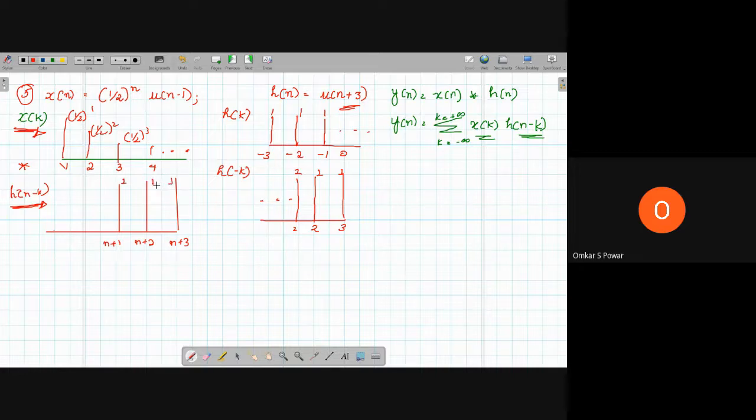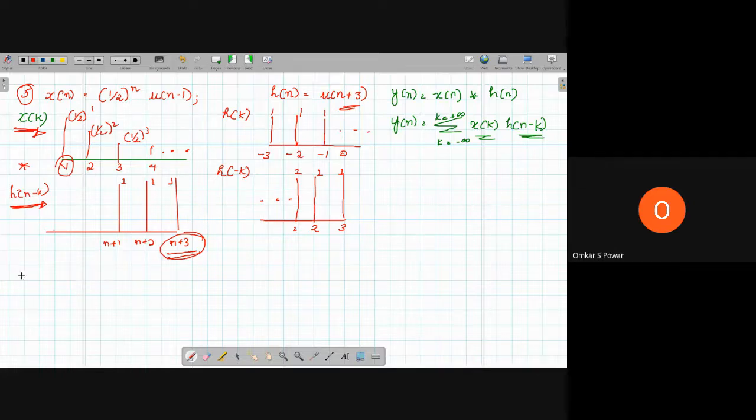So now we will take two cases. What is that two case? When n plus 3 is lesser than 1, your output will be 0, and when n plus 3 is greater than 1, there will be overlapping. What is the area between those two points? k varies from 1 to n plus 3.